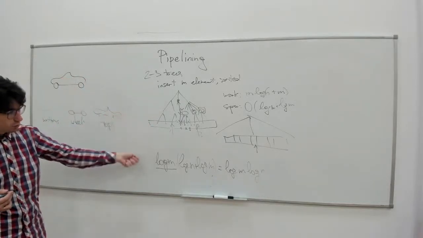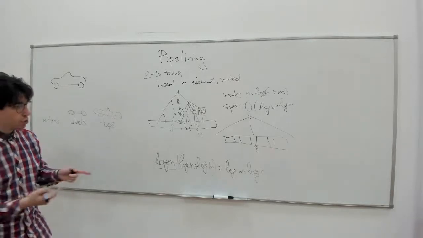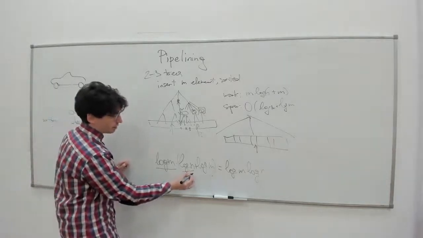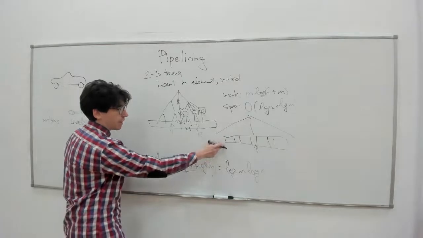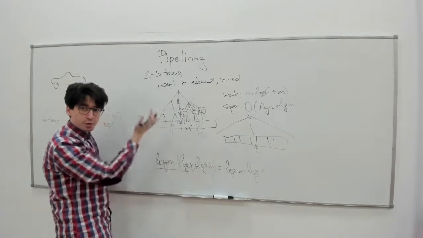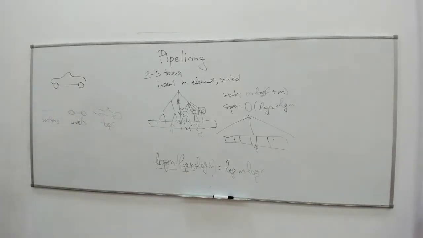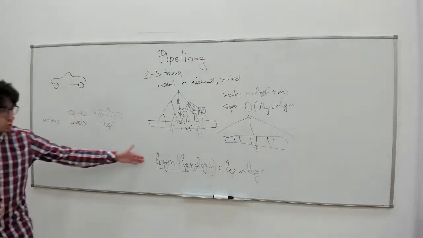So it is logarithm m, and how many times should you do it? You should do it logarithm n plus logarithm m times we push the elements to the tree. So you get squared.